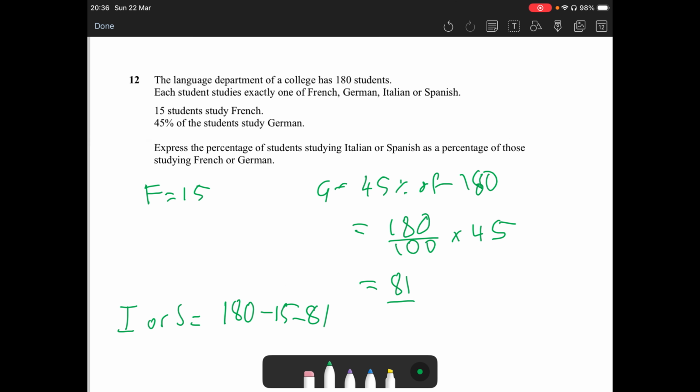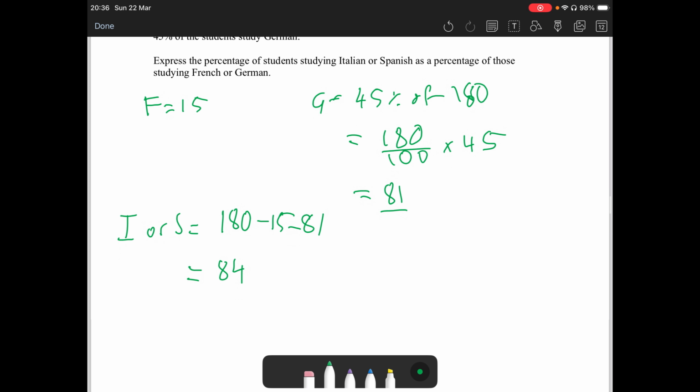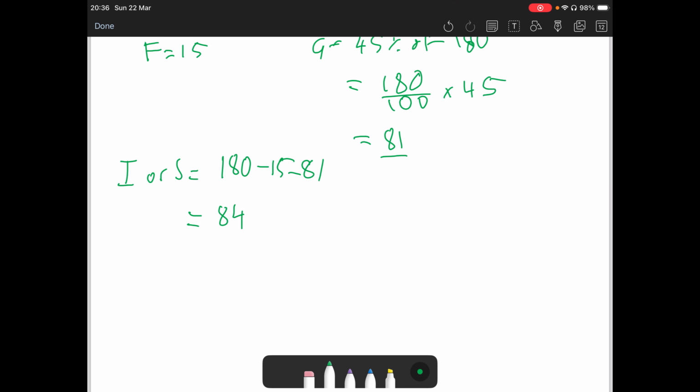Now the question does ask you to express it as a percentage. So to turn any sort of number into percentage, you take the number, in this case 84, divide it by the total, which in this case is 180, and you times that answer by 100. So doing all of this, I'm getting 46.6 recurring percent.